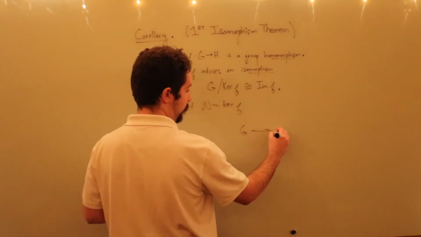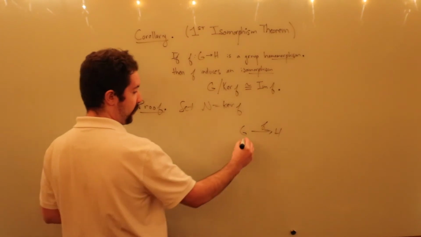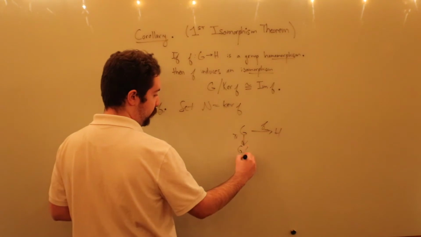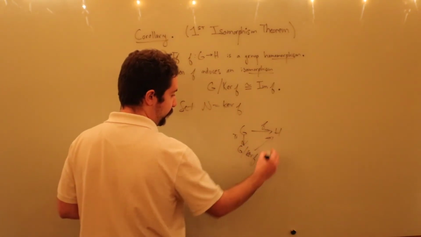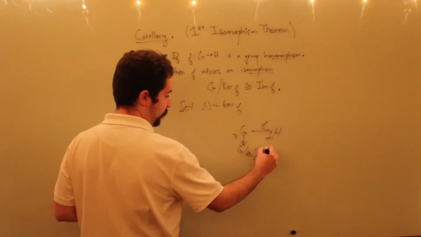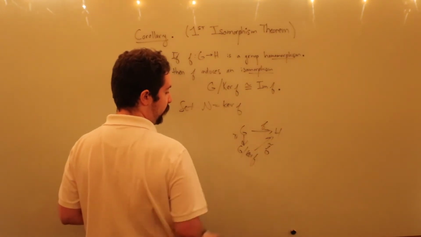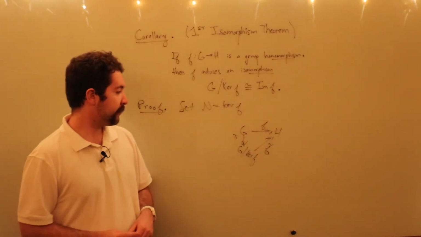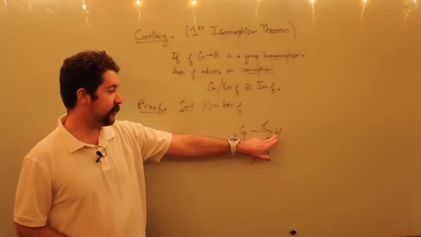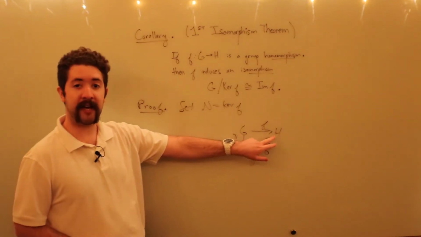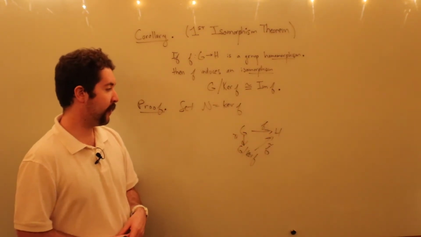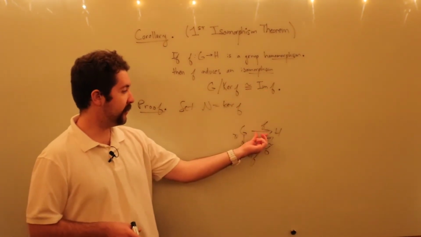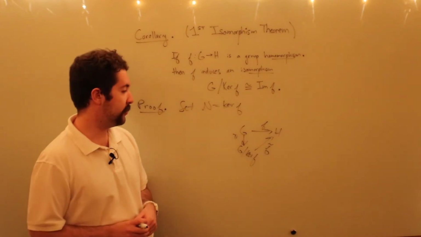If we have G going to H by F, and then we have the projection map mapping us from G to G quotient kernel F, we said there exists a unique map, F tilde, which is also a homomorphism, going from this quotient to H. Now, if we only consider the subgroup of H to which F actually maps elements from G, this is the image of F, of course, then this map is indeed onto, because every map is onto its image.